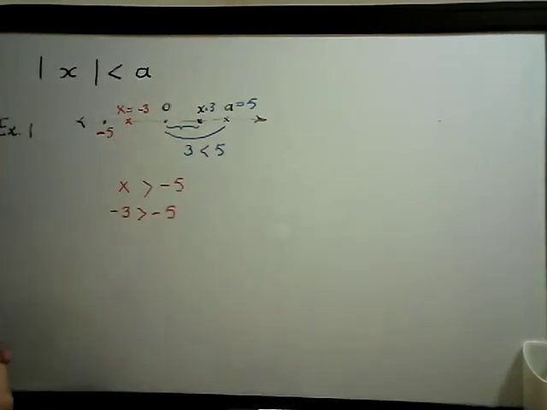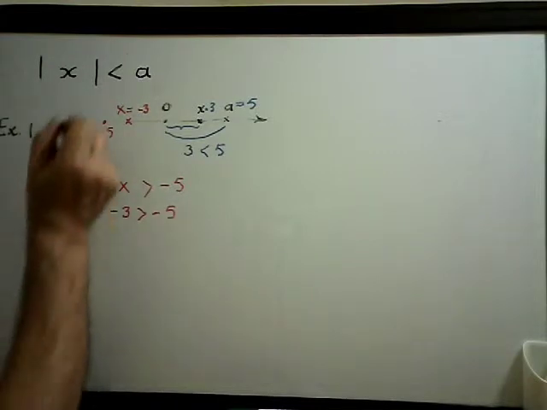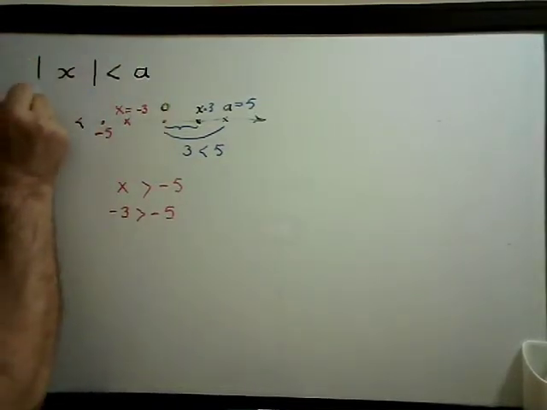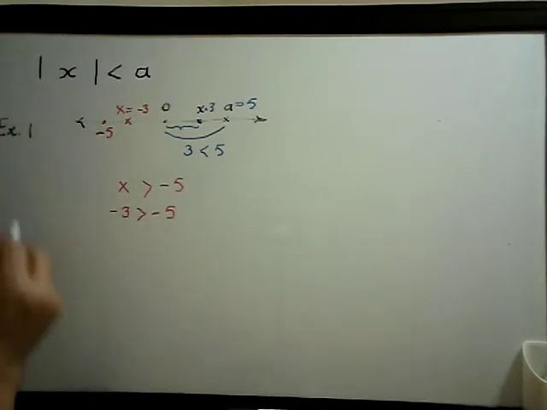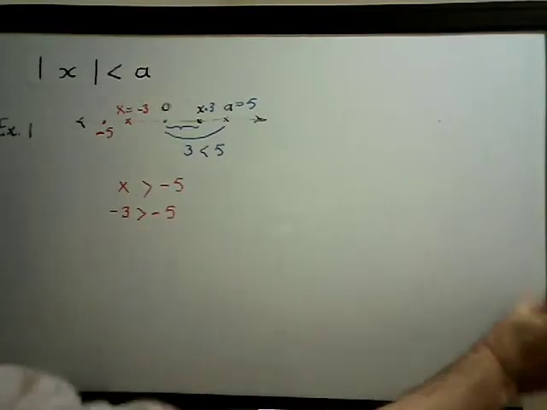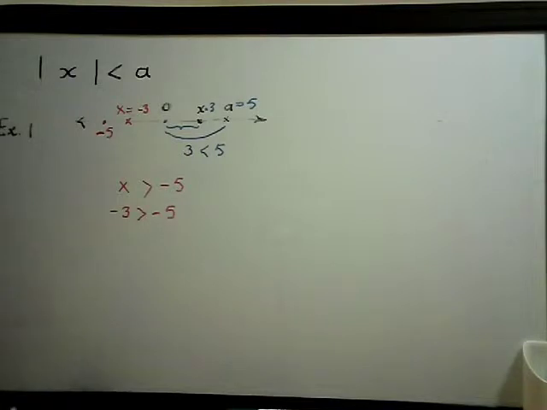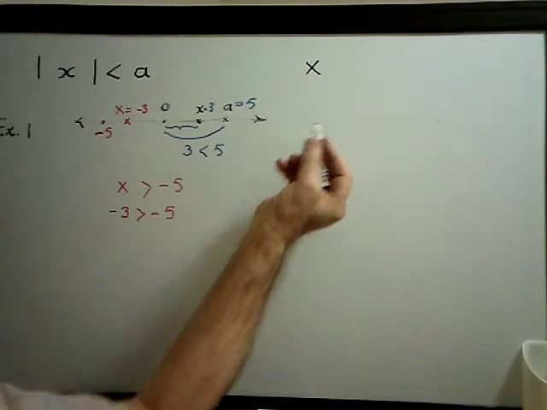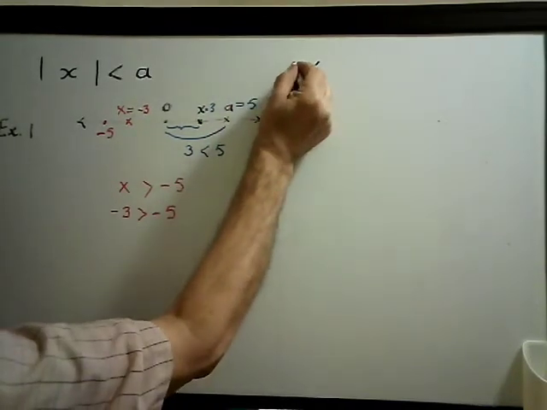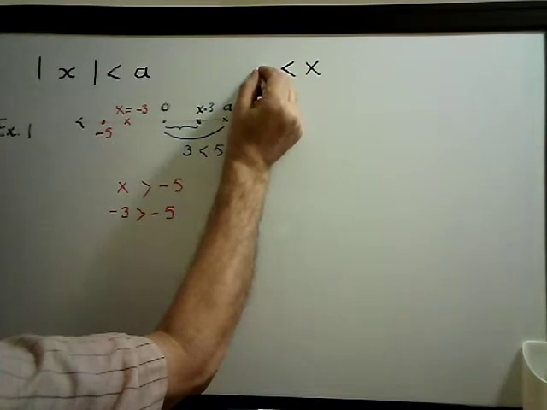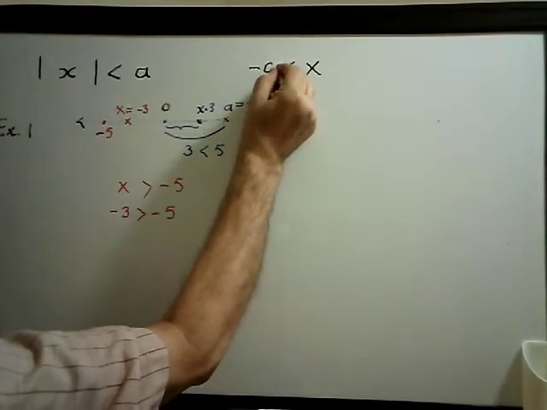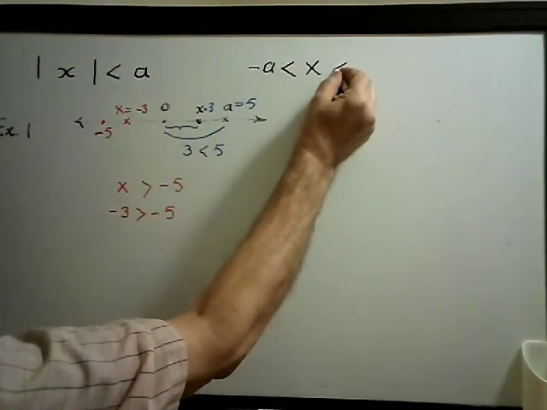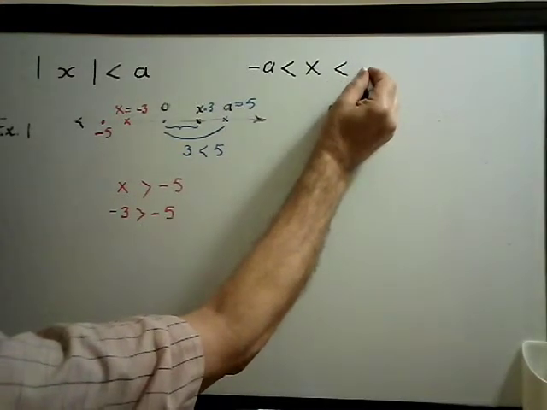That's why when we need to find the solution for this inequality, we start to write it as two inequalities together, by saying x is greater than negative a or less than positive a.